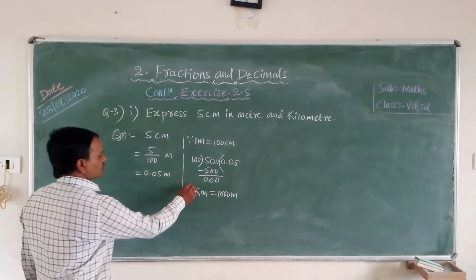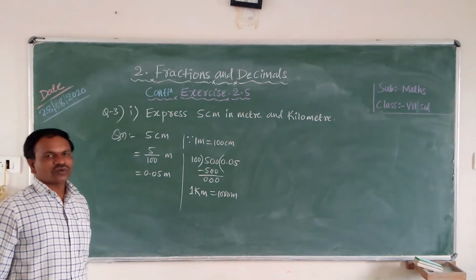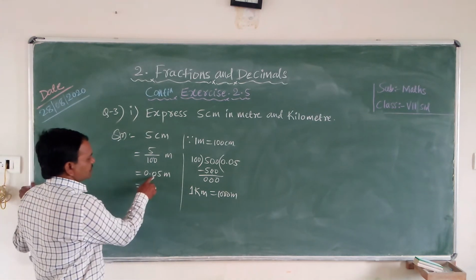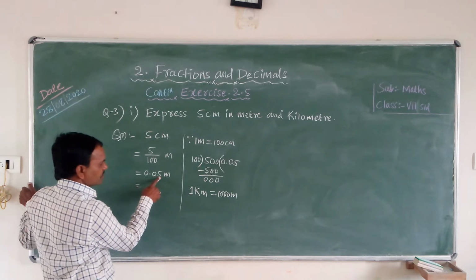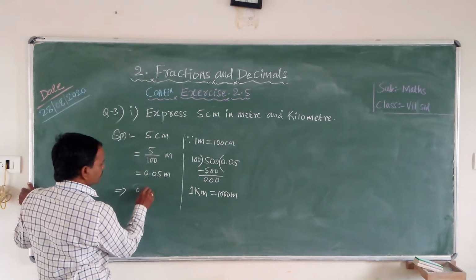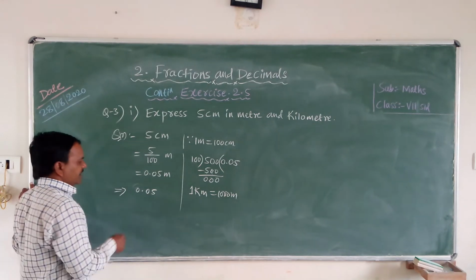So this also we have to divide. So how to divide? See, 0.05 is there. Once again I will explain here only.